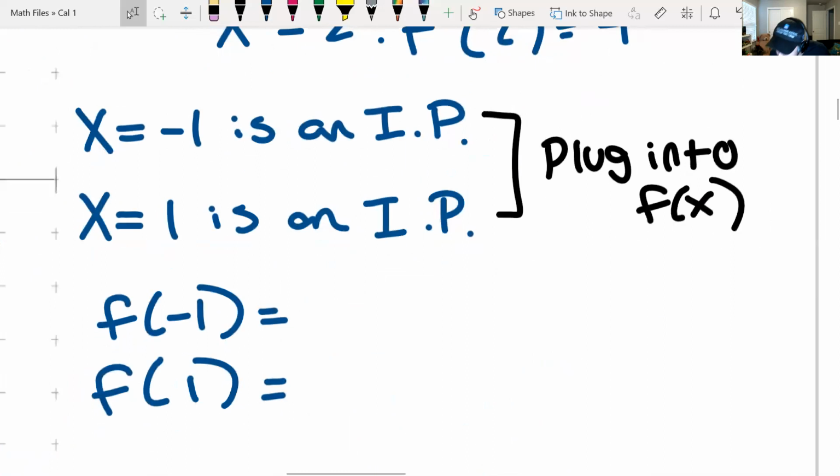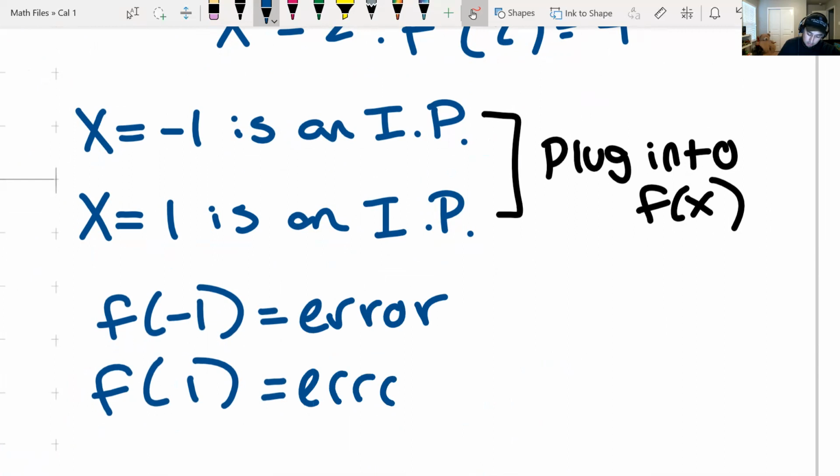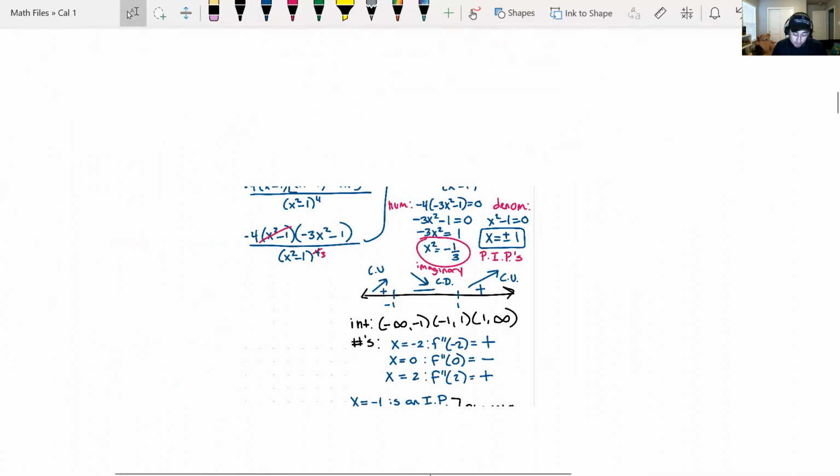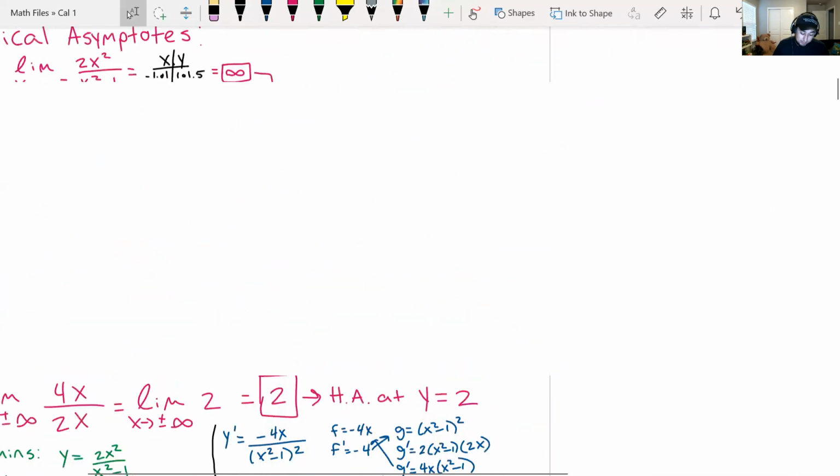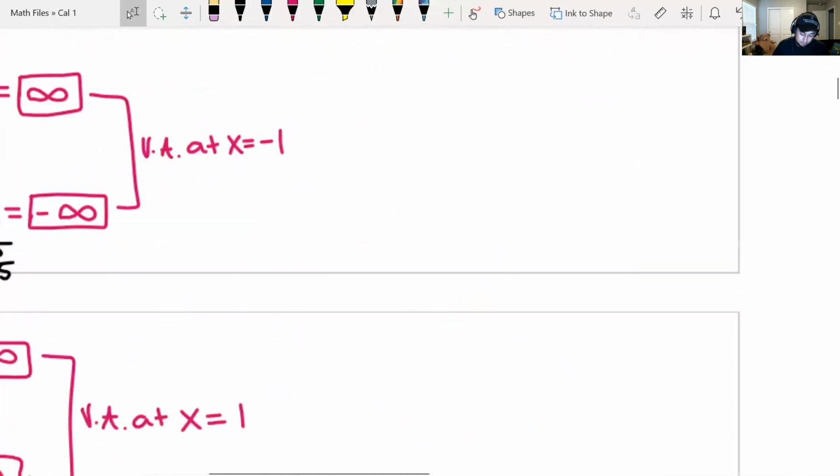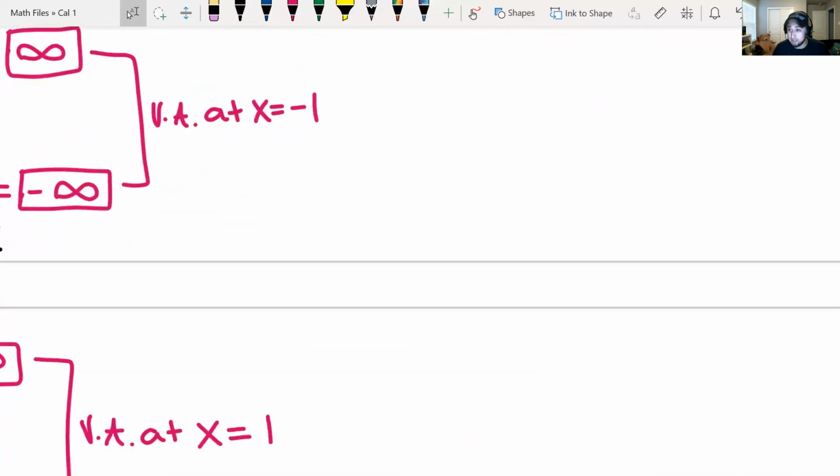So if I type in -1, my calculator says error. If I type in 1, my calculator says error. Why is that? That is because at 1 and -1, we have vertical asymptotes. This means that there are no points of inflection.